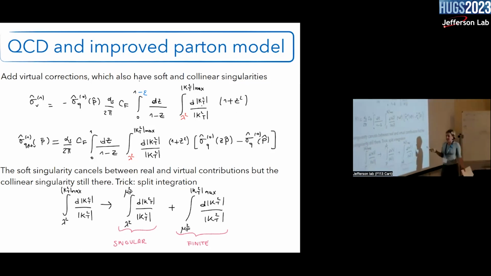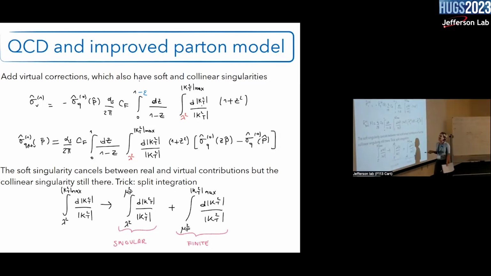You do something like you do for alpha s. Whenever you do the integral over the transverse momentum of the emitted gluon, you split it in two: between lambda squared, which is the singular bit because I have to send it to 0, and some scale, which we call mu f, and then from mu f to kt max, which is the kinematical limit of kt.